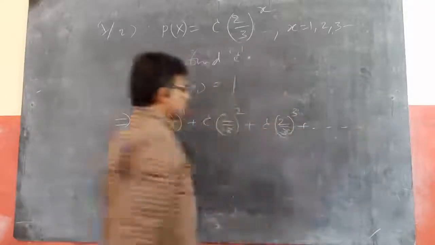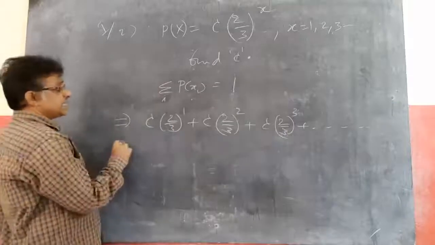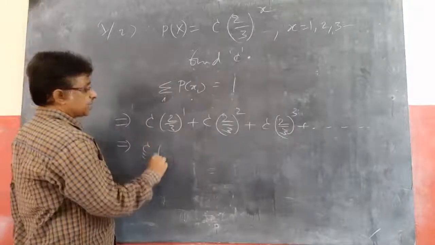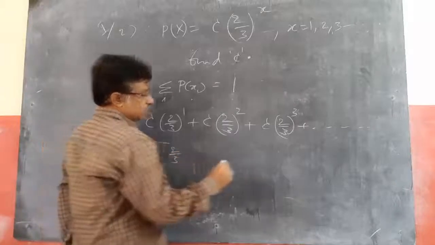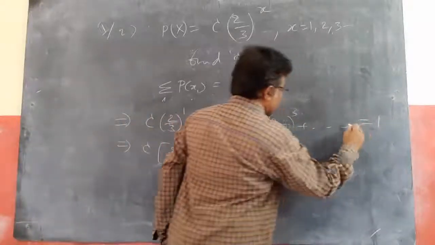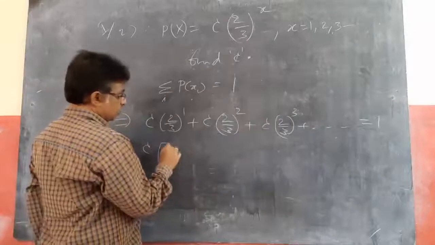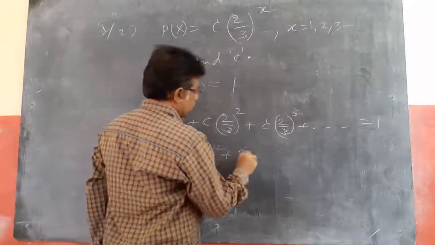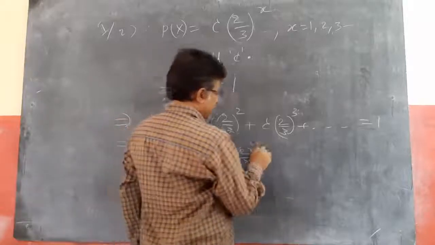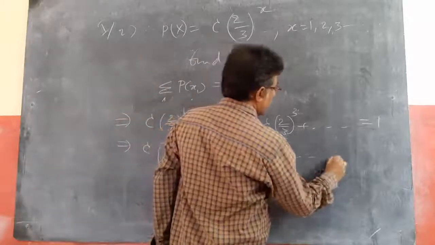Now if I take c common, 2 by 3 plus 2 by 3 whole square plus 2 by 3 whole cube and so on till infinity equals 1.